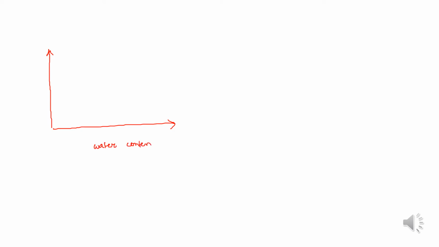In the x-axis we have the water content, and in the y-axis we express the volume of the soil, and we draw a curve like this, and we define 4 boundaries or stages as we talked about in the previous slide.